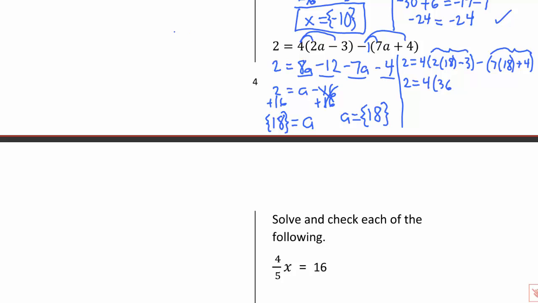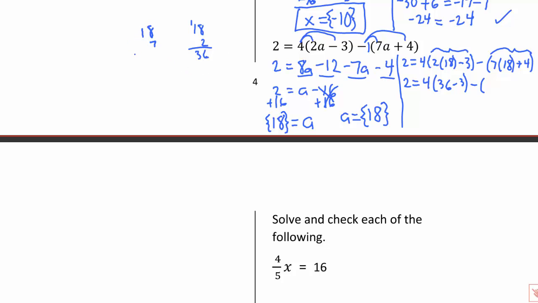Now if you're wondering how I did that in my head, all I did is I actually just knew it, but 2 times 8 is 16, carry the 1, 2 times 1 is 2, plus 1 is 3. So that gives me 36. Now I have the minus 3 there, minus, and then parentheses, 7 times 18, I could just blurt it out, but let's do it by hand.